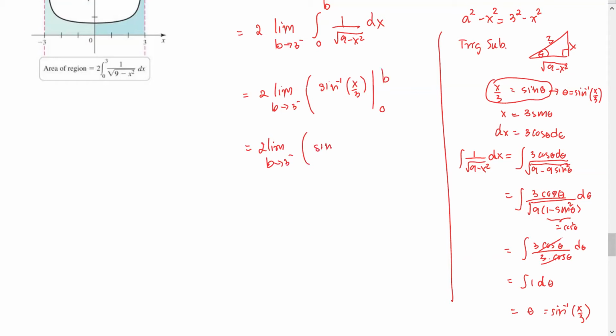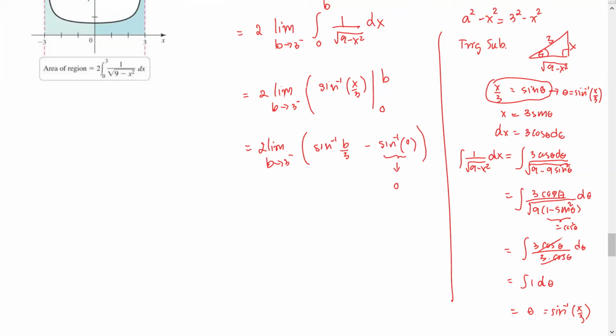Substitute the upper limit, the inverse sine of b over 3, minus the substitution using the lower limit, which is the inverse sine of 0 over 3, or just 0. The value of inverse sine of 0 is 0.